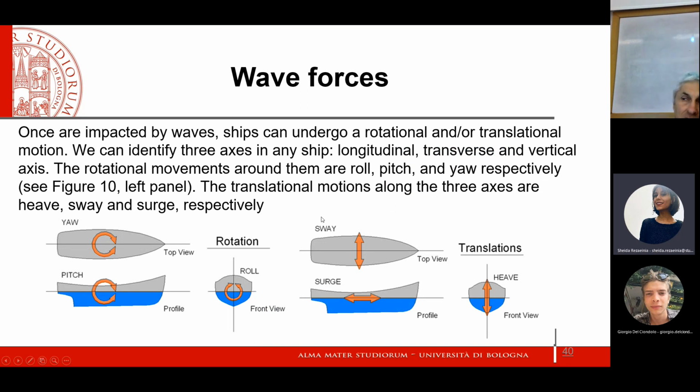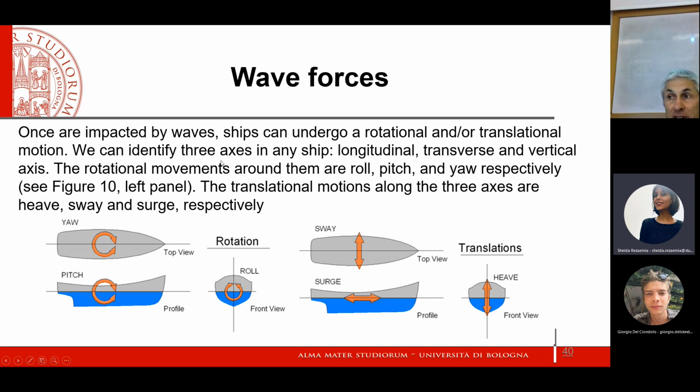Let's focus on some terms. Rotational and translational motion: 3 axes around which the ship can rotate and along which the ship can move. So the longitudinal axis, the transverse axis, and the vertical axis.